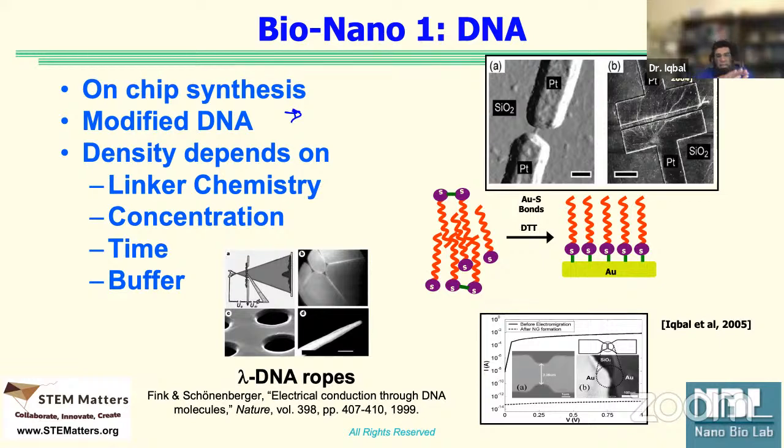So the density of the surface or density of the molecules would have to depend on the concentration we are looking for, how quickly we want that reaction to happen, what kind of buffer. We call the solution in which we suspend the molecules the buffer.